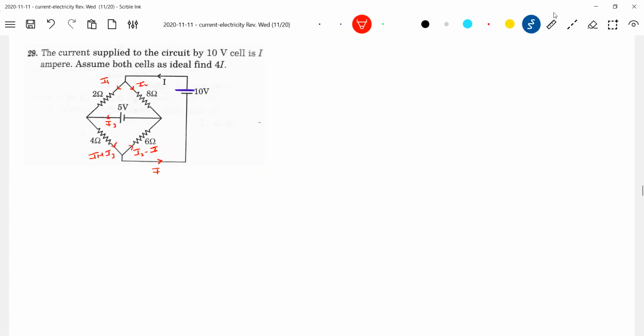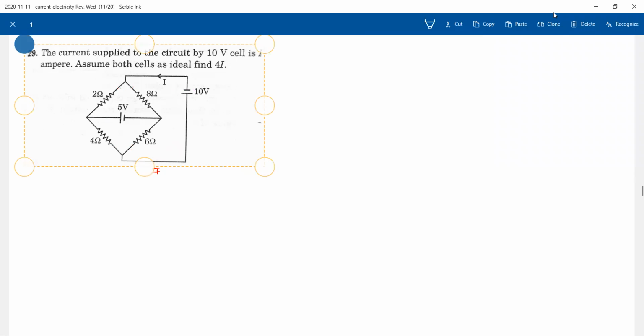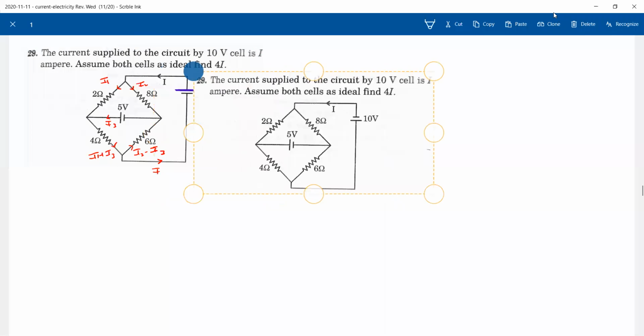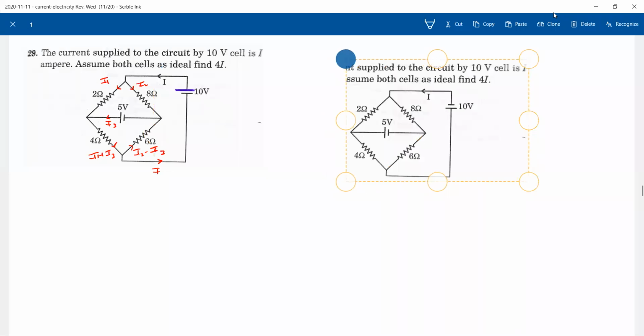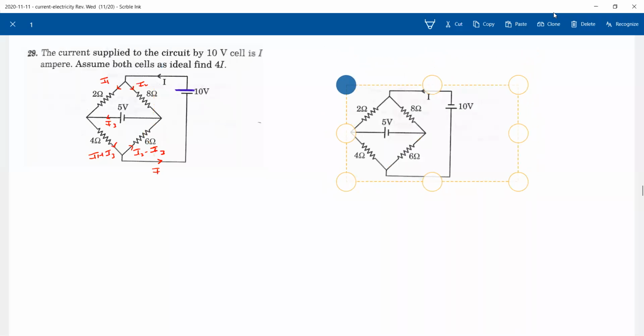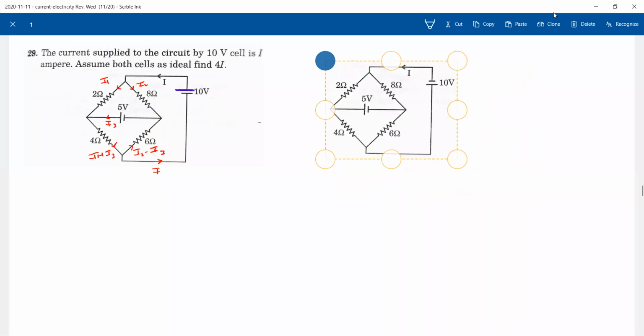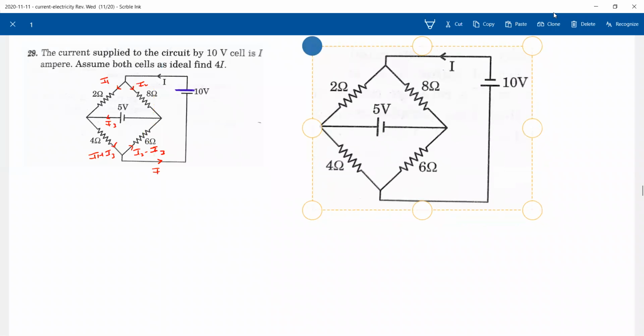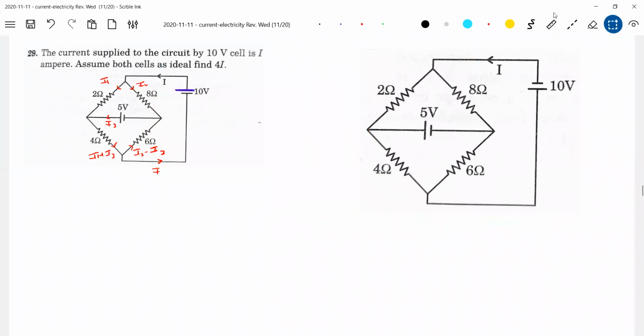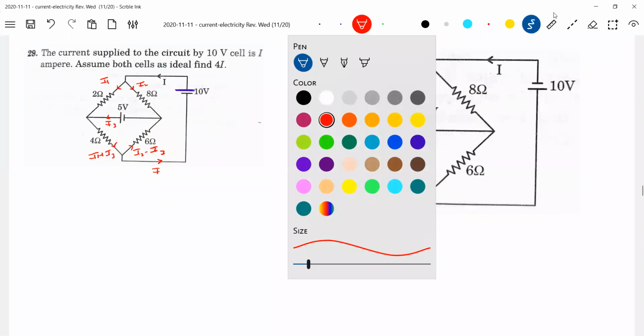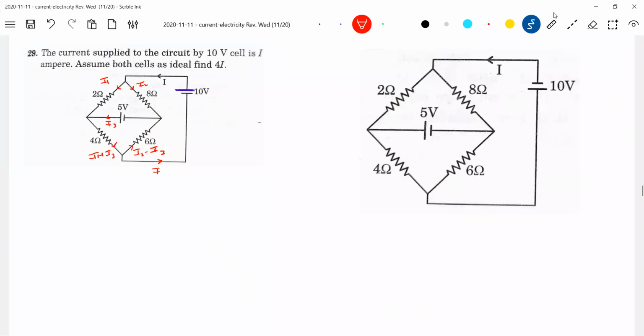If you're going for current distribution, you have to use this particular method. I'll bring the circuit. Is it necessary that I should divide? If you're going for the branch current method, you must have this idea.